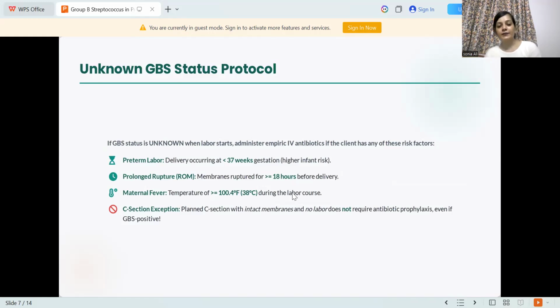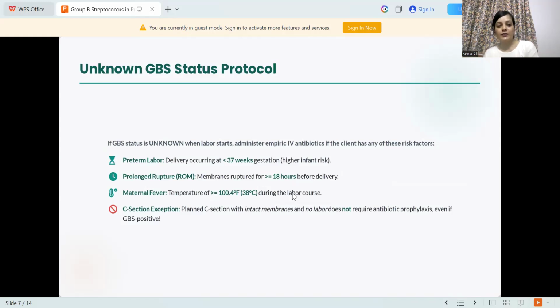Now we only discuss the unknown GBS status, like patients who come in at 20 to 30 weeks with labor pain starting. In that time we cannot identify the GBS status, because the GBS status is identified at 36 to 37 weeks. That's why this is the unknown case.